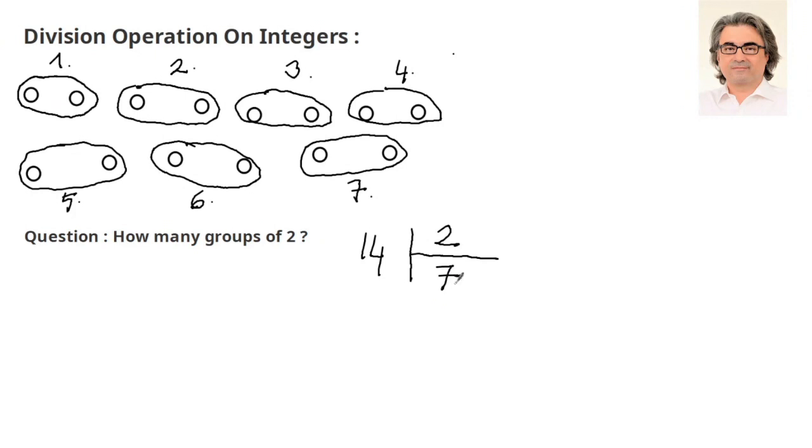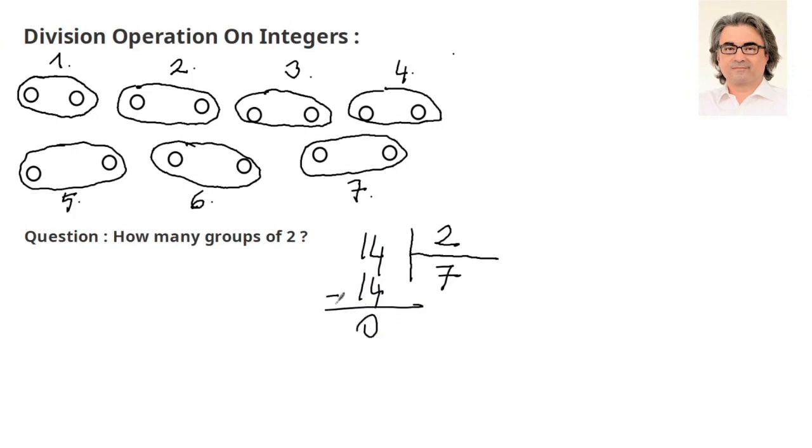Now, if in each group I have 2 circles, and if I have 7 groups, then totally I have 7 times 2 circles. 7 times 2 is 14, you know, from the multiplication table. So 7 times 2 is 14. 14 minus 14 is 0.